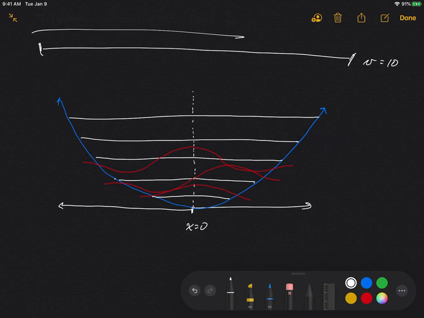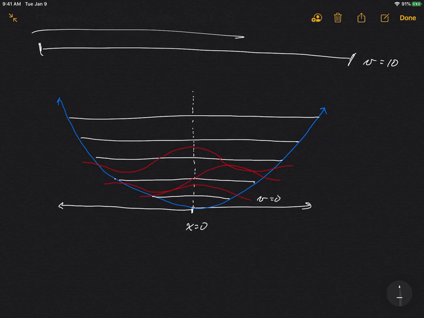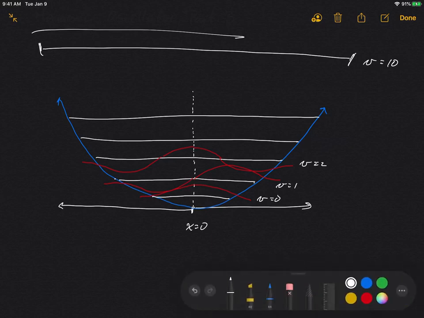So the v equals 0 wave function has no nodes, the v equals 1 wave function goes through 0, it has a node at x equals 0, v equals 1 has 1 node, v equals 2 has 2 nodes, and so on. And so for v equals 10, you would expect to have more nodes. The nodes are going to be piled up a little bit more towards the middle and less towards the edge of the wave function.